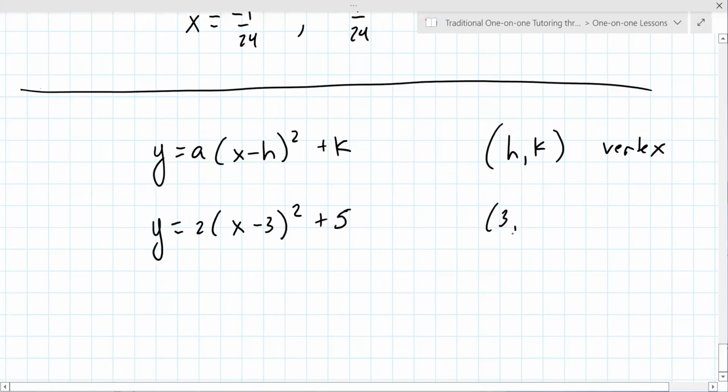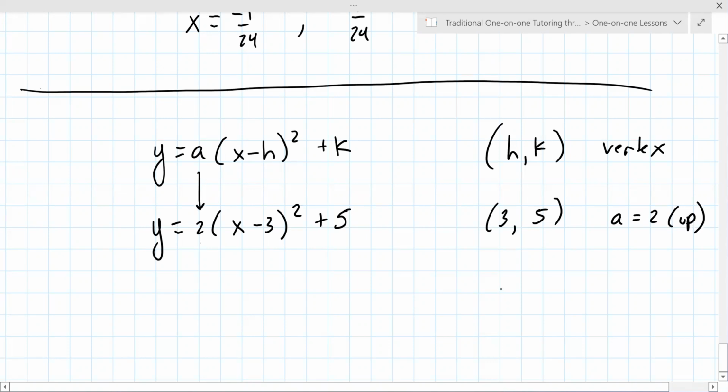The vertex is 3 comma 5. Notice if it's minus inside here, it just takes on that value. If it's plus inside here, it's the negative of that. And this number out in front, the a, tells you whether it opens up or down. So a is 2, and because it's positive, it opens up.